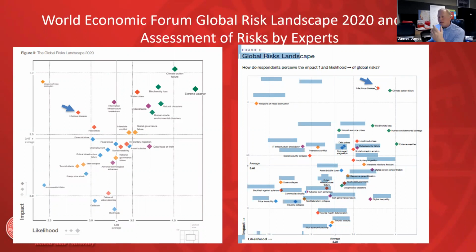So there is probably a combination of a few things. Maybe they do have more information about pandemics than they had before. But it could be that there's an optimism bias or a recency bias. We'll see over the next, I'll say, 5 to 10 years where this ends up on the World Economic Forum's risk matrix.